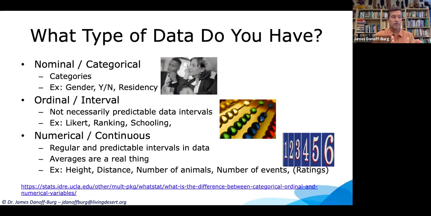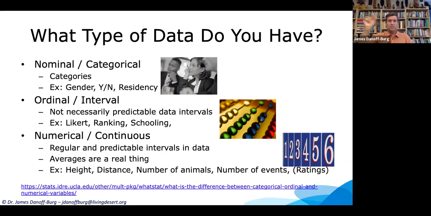The amount of information that we learn in between 4 grades in primary school could be a lot more or could be a lot less than the content that we learn in 4 grades in secondary school, than what we learn in 4 grades in postgraduate college. So schooling, ranking, Likert, sometimes ratings, and we're going to get to that in a minute.